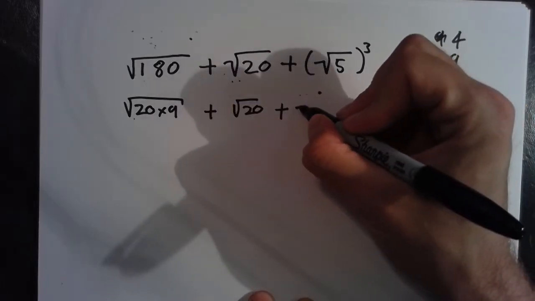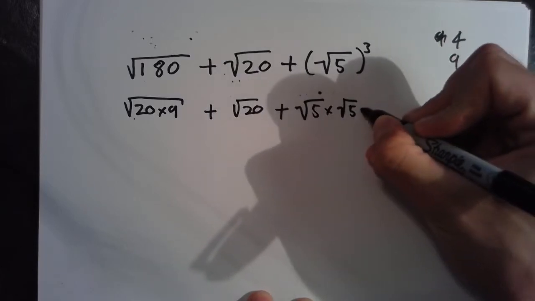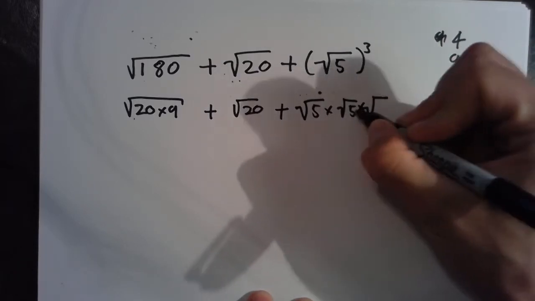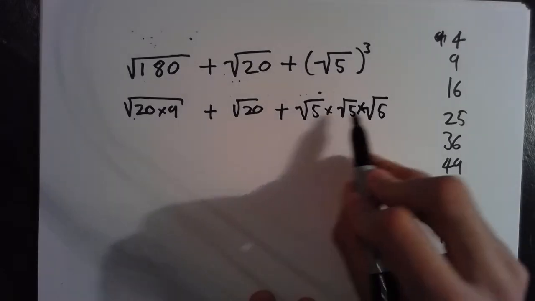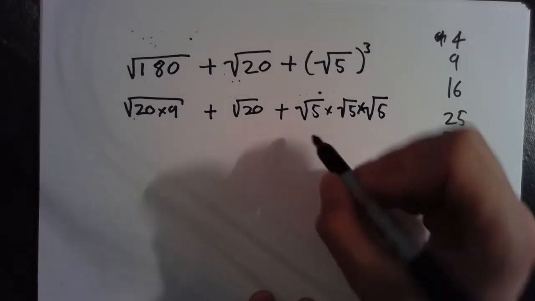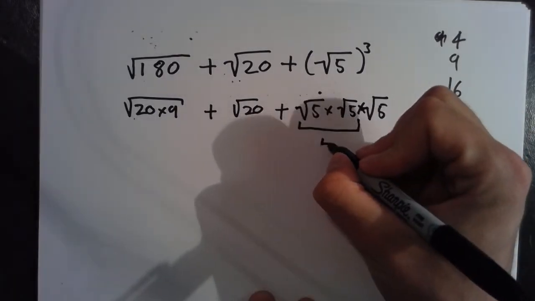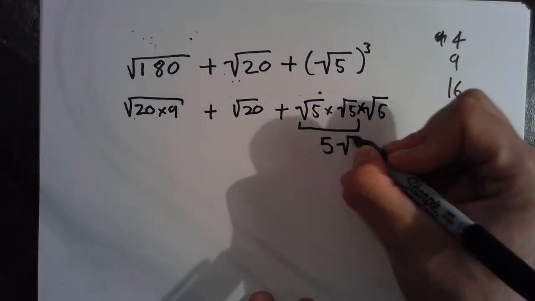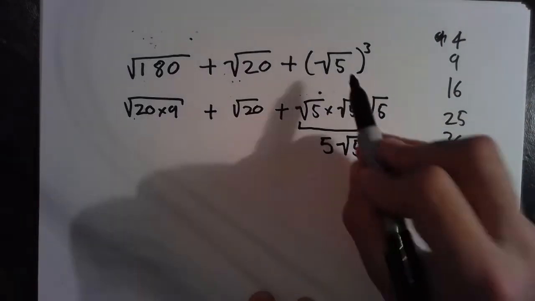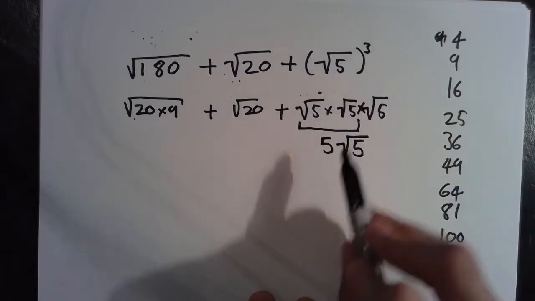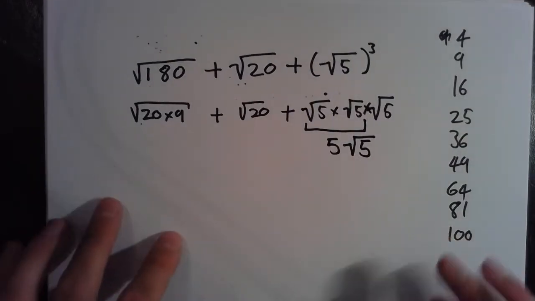Now I know the square root of 5 times the square root of 5 equals 5, so I can turn that into a 5, and I have my square root of 5 on the end. So the square root of 5 to the power of 3 is 5 times the square root of 5. And I'll rewrite this one over here.